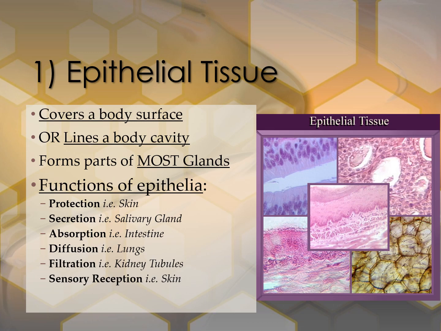And then when we're lining these different body cavities and internal structures, you're going to think absorption in the intestines, diffusion in the lungs, filtration in the kidneys, and you also get some sensory reception in the skin as well. So lots of different functions of the epithelial tissue. Okay, but really focus on the protection part and maybe the absorption, diffusion. Those are the biggies for me and for this course.